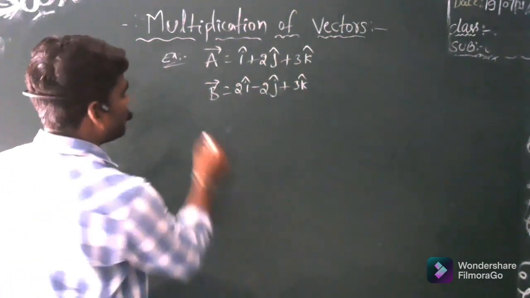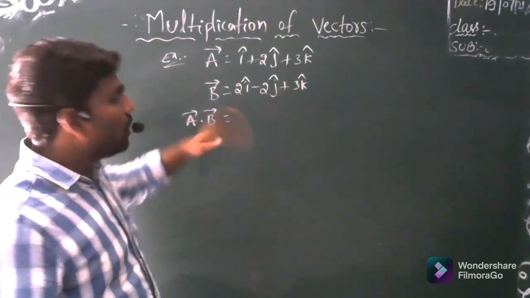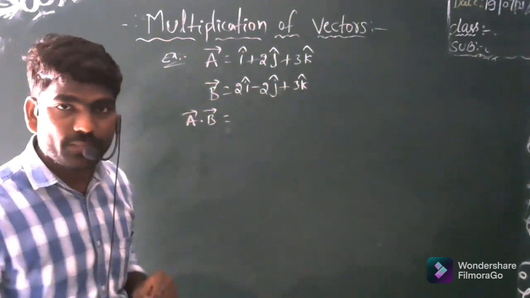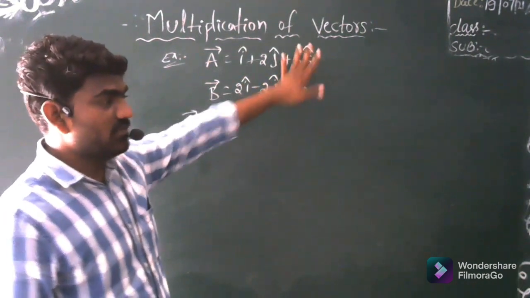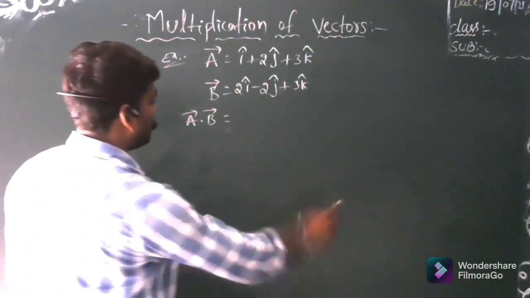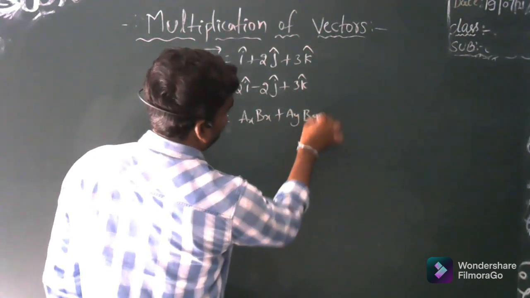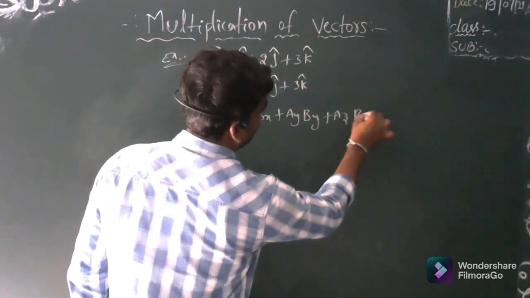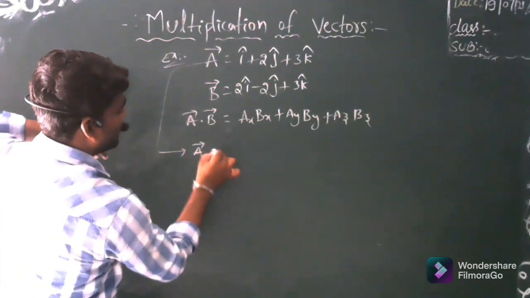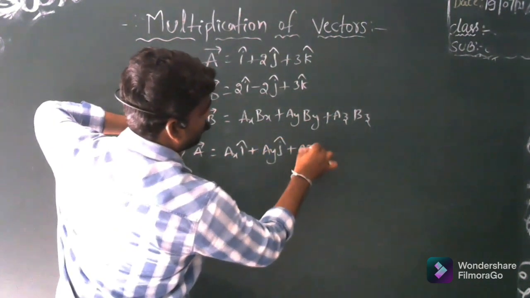Find the dot product of vector A and vector B. How should you find this? We already know that we have three components for each vector, and no angle is mentioned between vector A and vector B. So we can follow our components method formula, that is Ax Bx plus Ay By plus Az Bz. Now, if you consider vector A, it is in the form Ax I cap plus Ay j cap plus Az k cap.